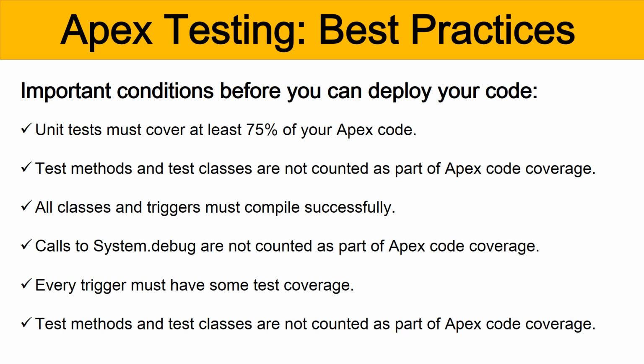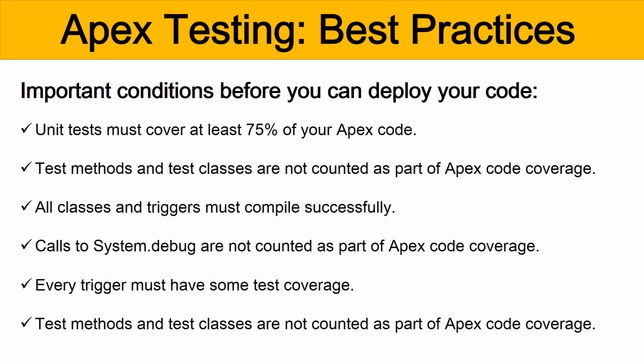Unit tests must cover at least 75% of your Apex code, and all of those tests must complete successfully. When deploying Apex to a production organization, each unit test in your organization namespace is executed by default. Calls to system debug are not counted as part of Apex code coverage. Test methods and test classes are not counted as part of Apex code coverage.